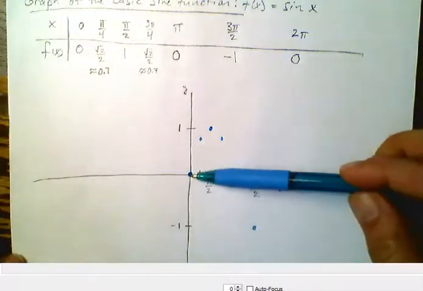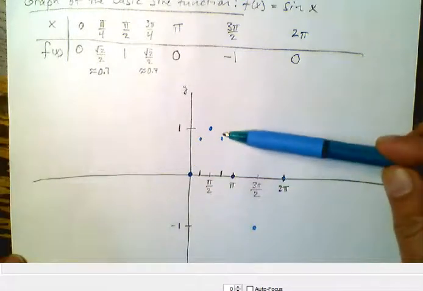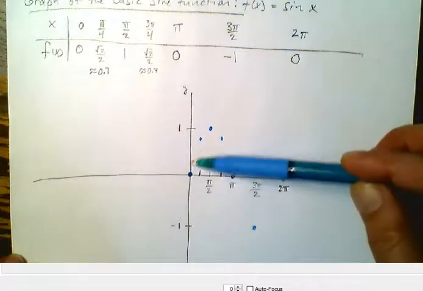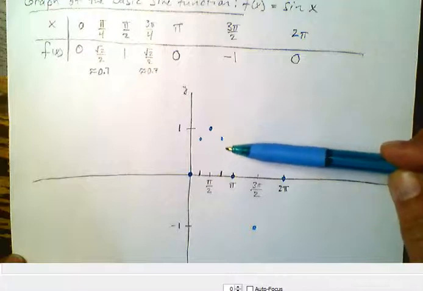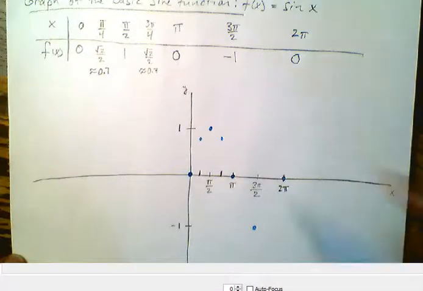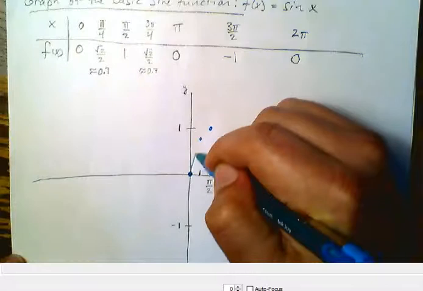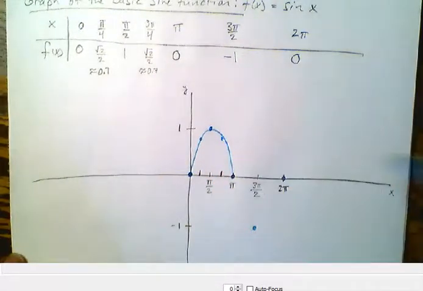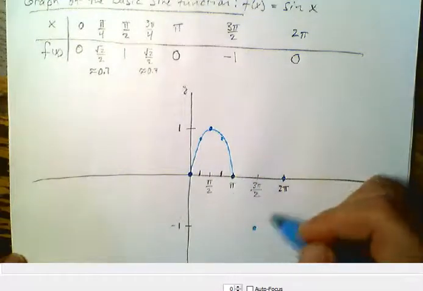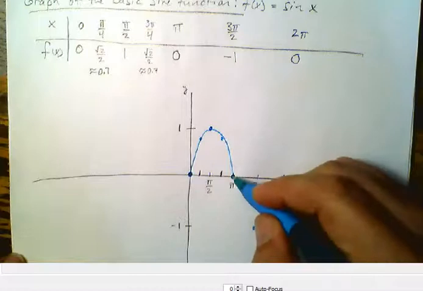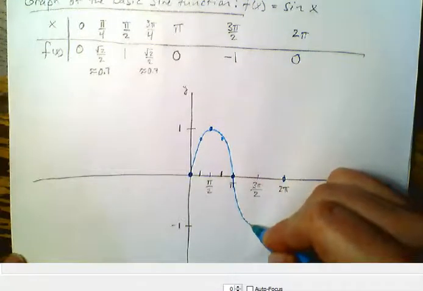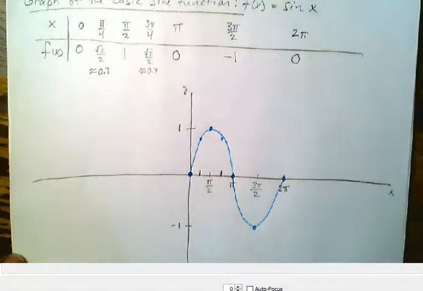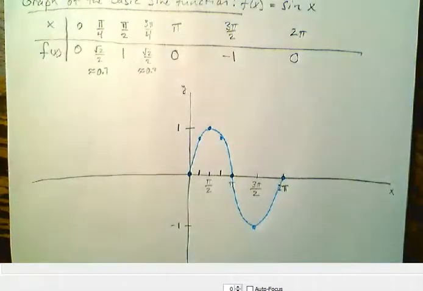So if we were to connect the dots here, we would see kind of a curve going up to 1, turning around, and going through 0. In fact, that's exactly what the sine function looks like on those angles. So if we draw a smooth curve there, and in fact, if we go to the bottom half of that unit circle, we would get another curve like that. Okay. So the sine function kind of makes a wave, right?